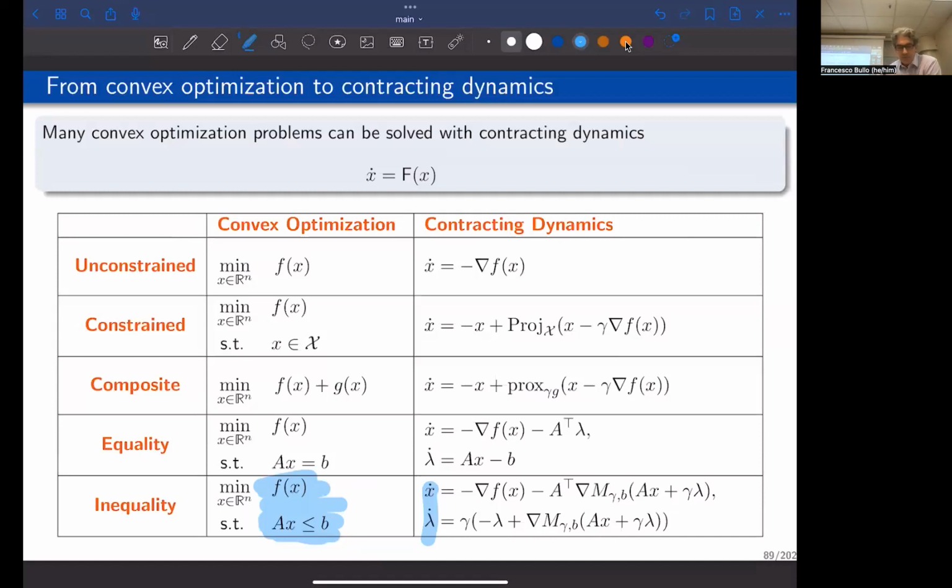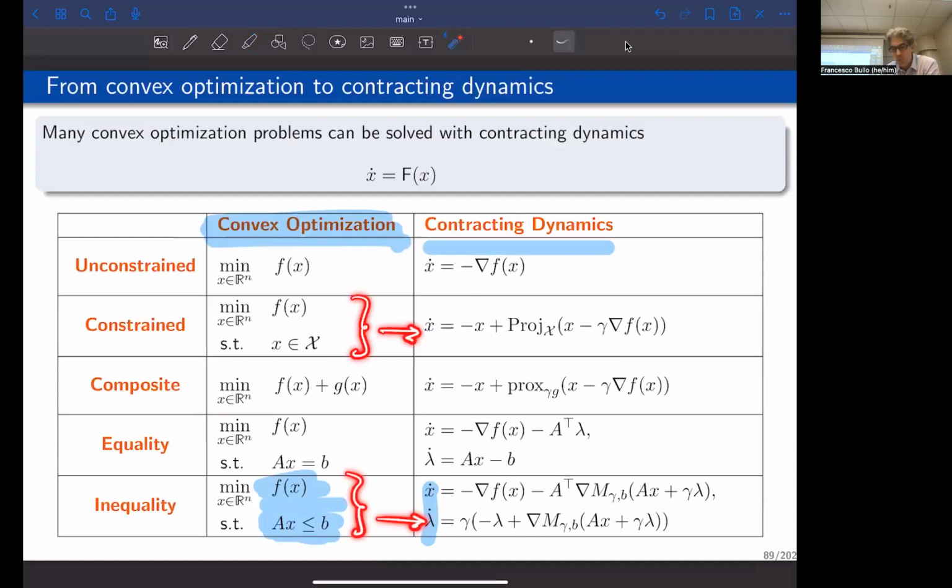The point is that I have many convex optimization problems, and I have many dynamical systems that are contracting and that solve the problem. In some cases, you can solve constrained problems using primal dual approaches, or in some cases, you can solve constrained problems using projected gradients, right?